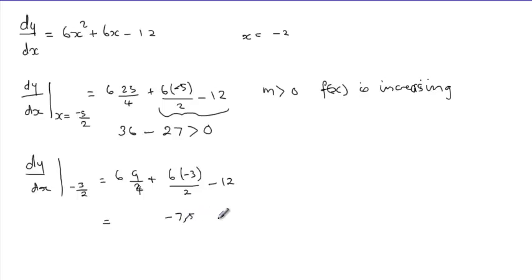No, then there's something wrong. Oh, minus 7, comma 5, you said. Okay, sorry, that's fine. So this means this is less than 0. The function must be decreasing. M less than 0, f of x is decreasing.